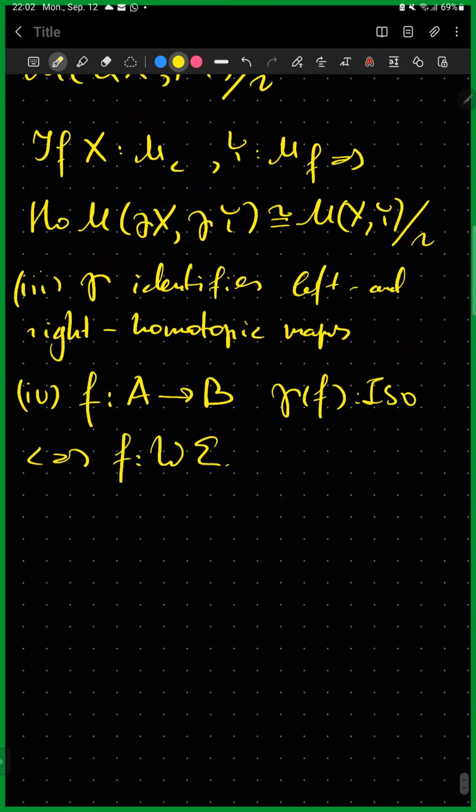So let's prove this theorem. Well, the first part follows from what we have already done. It was proven above.